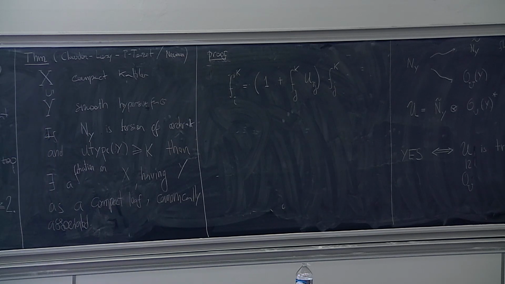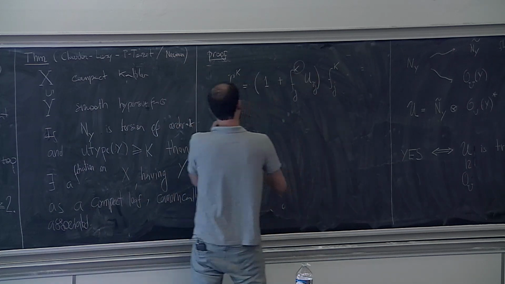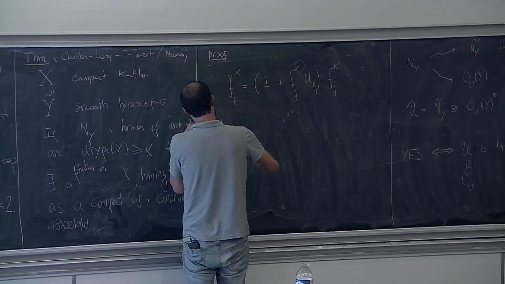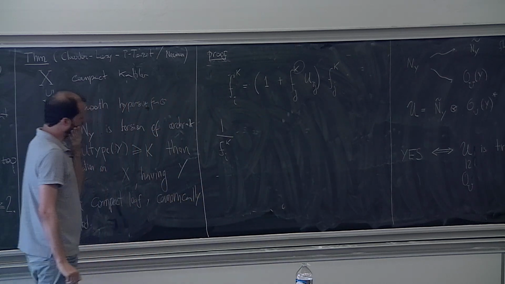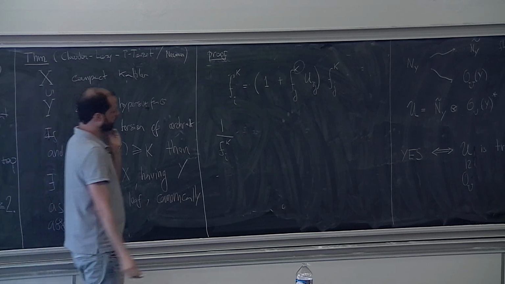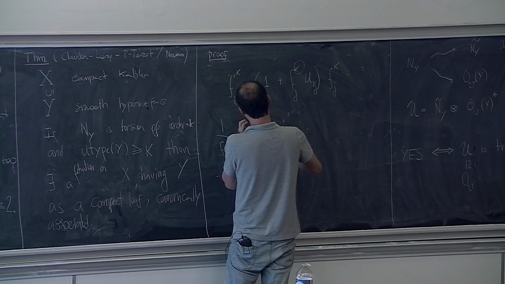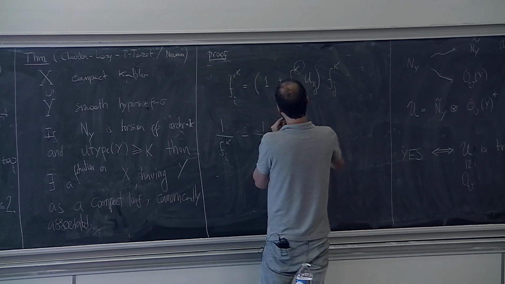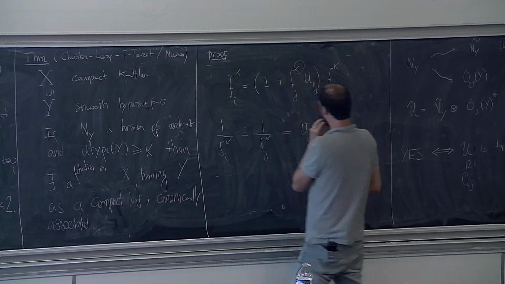Okay? But the nice thing is that since this k is appearing here, when I look at the reciprocal of f_i, I get that 1 over f_i^k minus 1 over f_j^k is just, let's call it v_ij, is holomorphic.